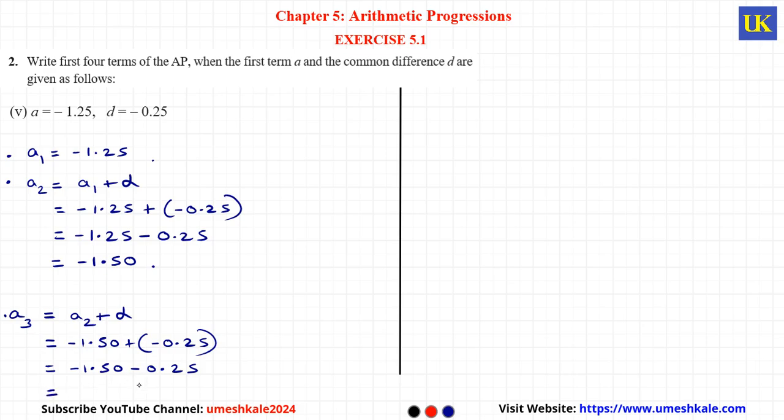Minus minus will become plus, and in the bigger number's sign, so it is minus 1.75. Minus minus will become plus and the minus sign we have to keep, so it will become minus 1.75.